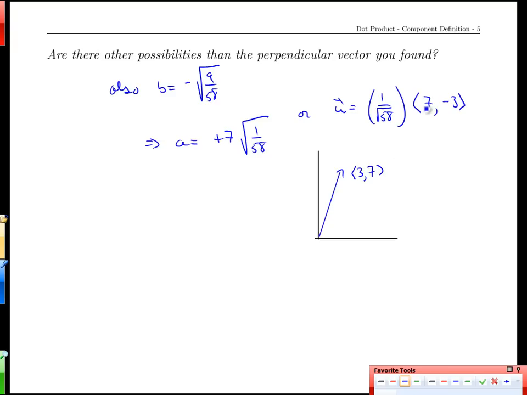This would have been mostly to the right and then a little bit down, like so. And that would have been the alternative possibility. And we notice that those are two options for u, and they're just pointing in the opposite direction of one another. They're both length 1, but we can choose either one of them, and they'll still be perpendicular to the original vector we were given, 3, 7.